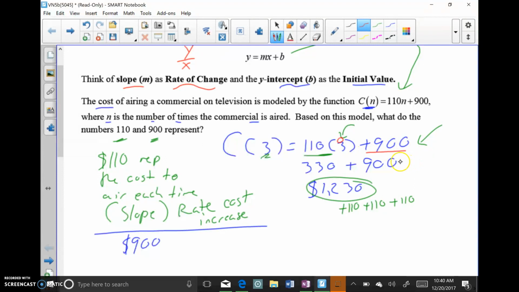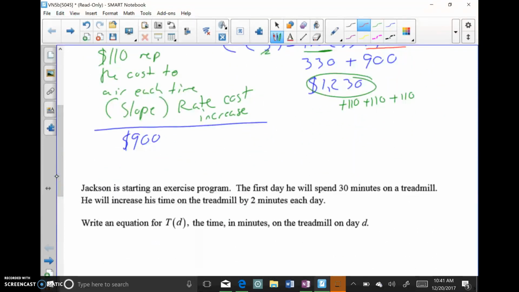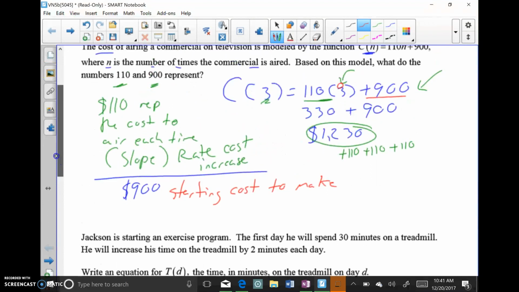If I make a commercial and don't air it at all, I still have to spend $900. So that must represent the cost it is to make the commercial, or to set up the account with the television network before you even produce the commercial. So 900 is the starting cost to make the commercial.